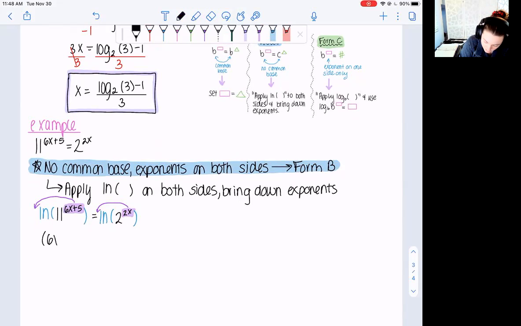We get, in parentheses, 6x plus 5 times ln of 11 is equal to 2x times ln of 2. So those exponents came down in front.